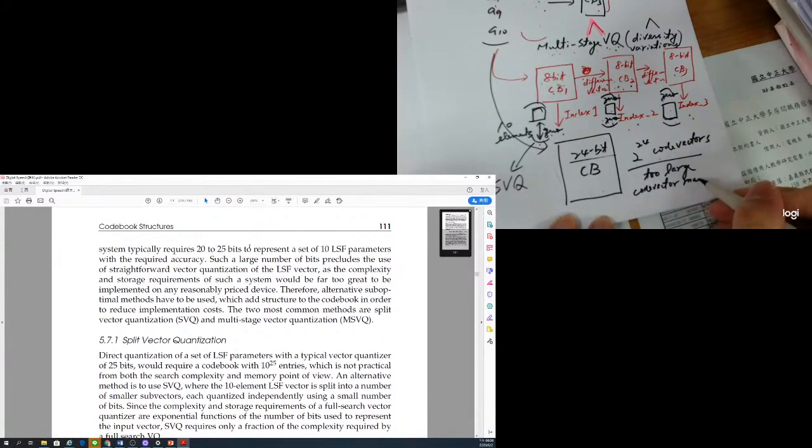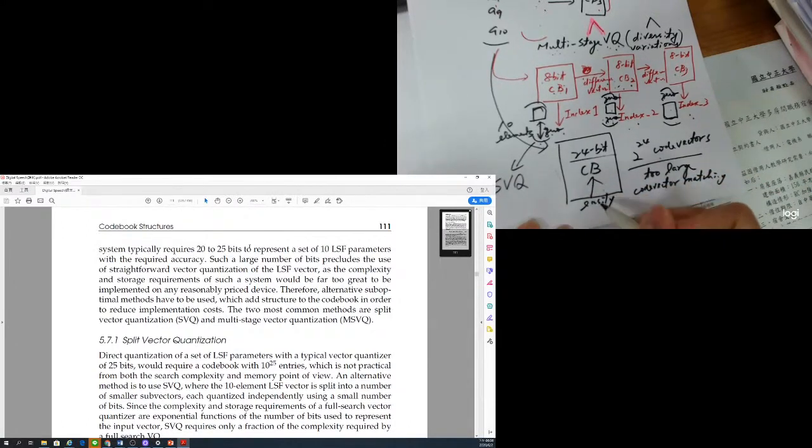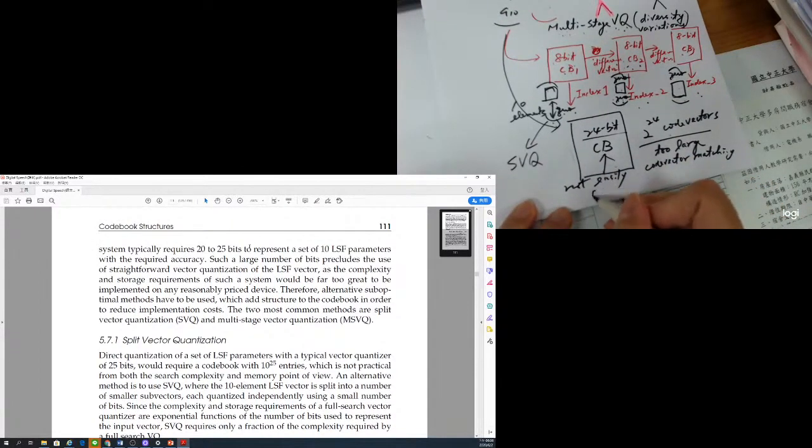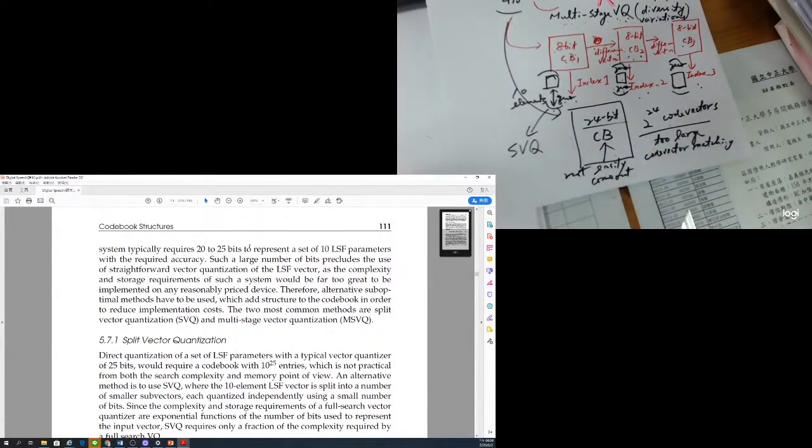It's too many, and it's also not easy to design a good codebook. So it's too complicated, and we consider a more hierarchical codevector design here.